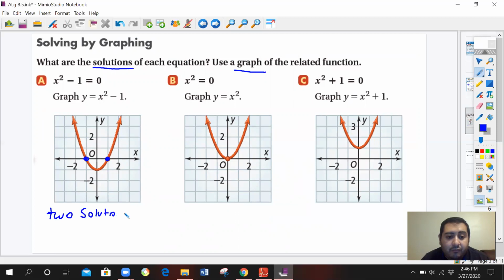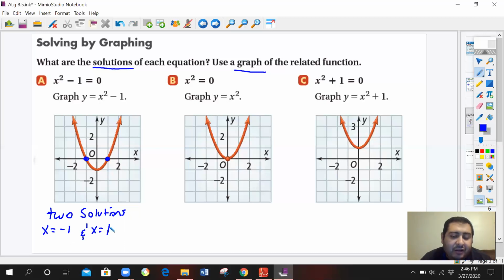Let me write it down better: x equals -1 and x equals +1. So it goes through those two locations.